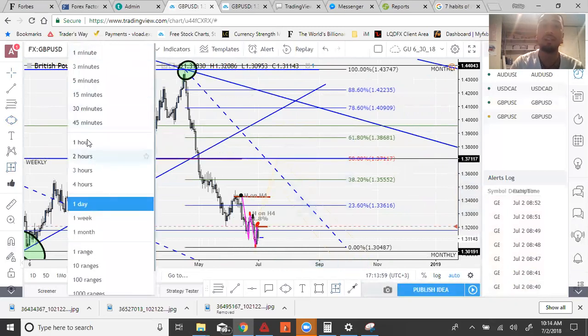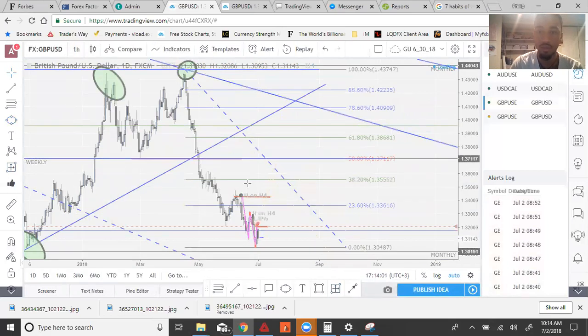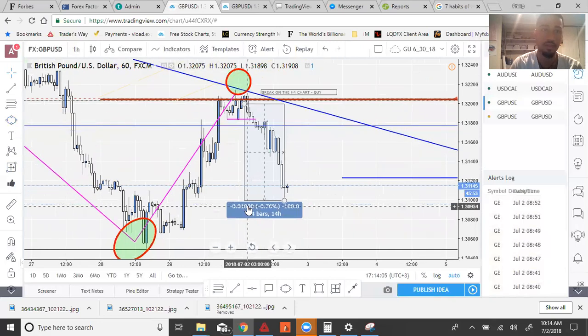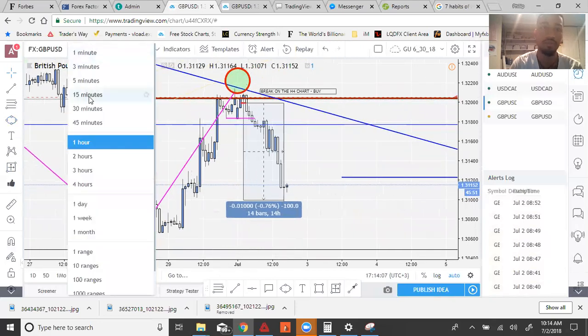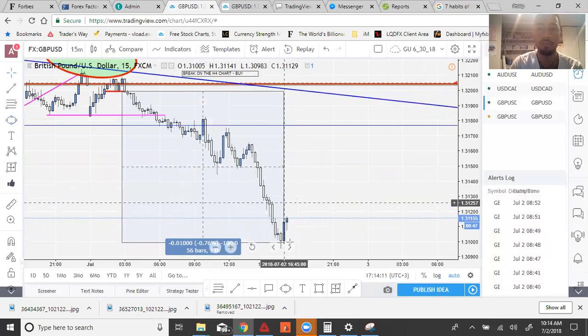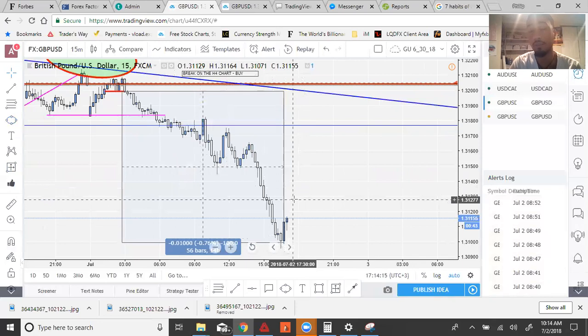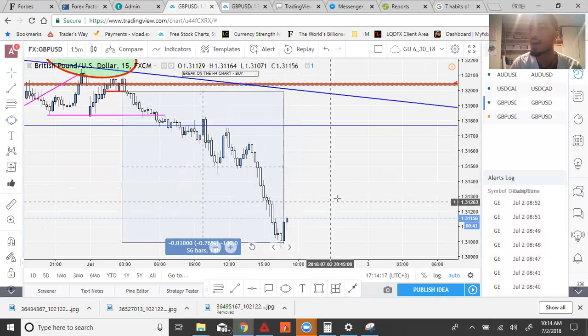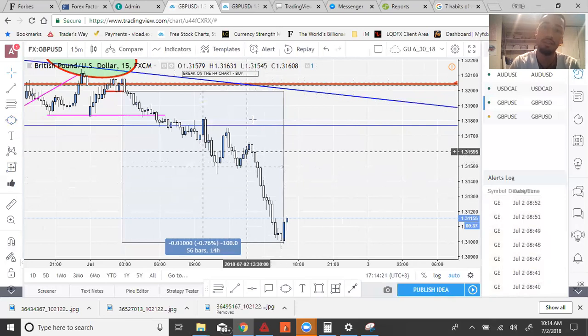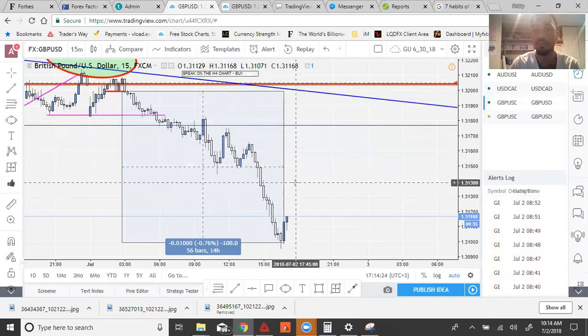So first, I'm still looking for my sells. I'll do 1 hour. Still looking for my sells unless price tells me anything different. If I see on the 15-minute chart this is making higher highs, higher lows, quote unquote, because essentially it didn't as of yet make a lower high.